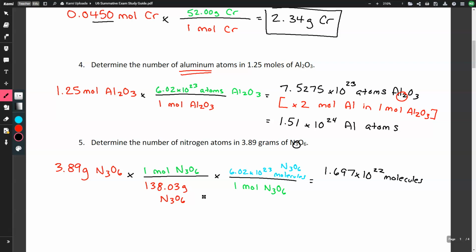Each molecule has 3 nitrogen atoms. So when you multiply that by 3, you get 5.09 times 10 to the 22 nitrogen atoms.